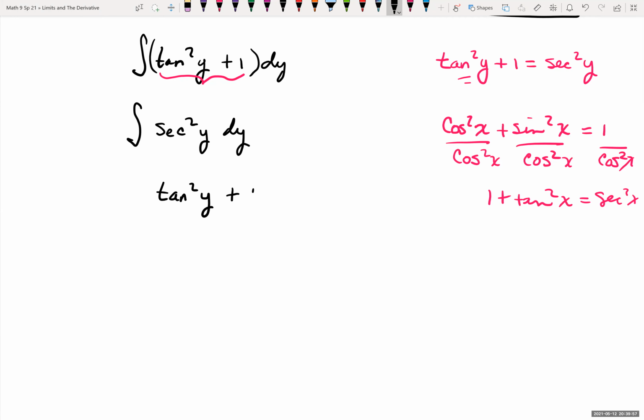Indefinite integral, so we have to put that plus c. And it shouldn't be squared. It's the derivative of tangent that gives me secant squared, not the derivative of tangent squared. So that should be like that.